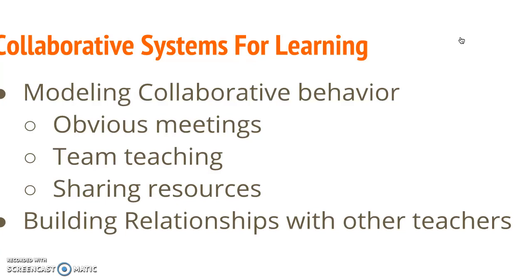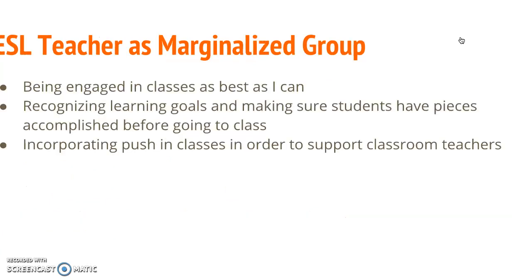Oh, we did that in Mr. R's class as well. And so I think when students can see that, then they're more willing to buy in and to be a part of a collaborative team.